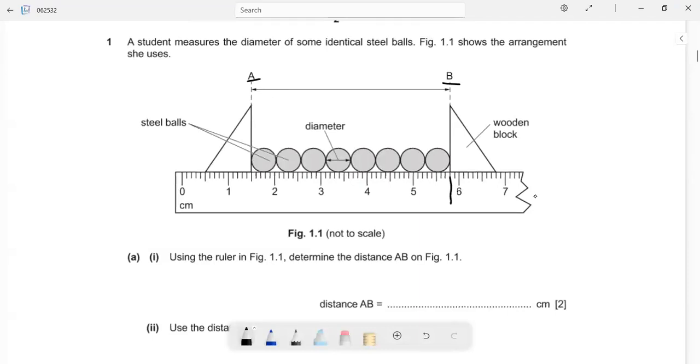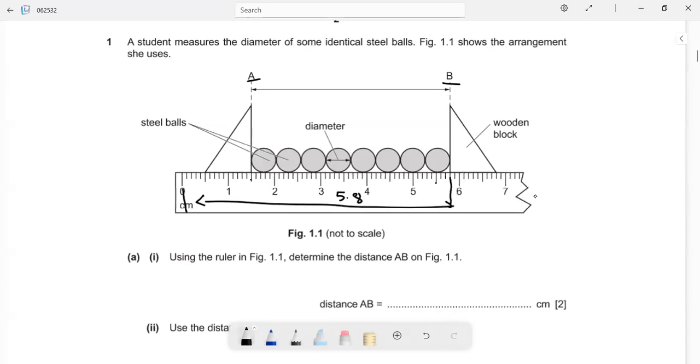So first we'll see what is the distance in centimeter up to point B. Up to point B, here it is 5 point 5.5, 6, 7, 8. So this distance is 5.8.